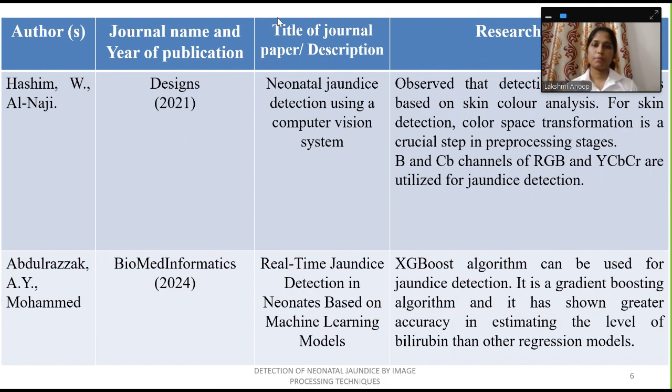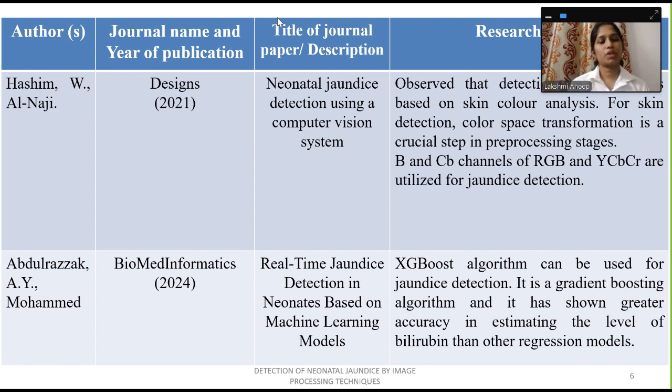In the next paper, neonatal jaundice detection using computer vision system, the authors have observed that the level of bilirubin from the neonate's image is mainly detected based on skin color analysis. For skin detection, color space transformation is a crucial step, which acts as a pre-processing stage.